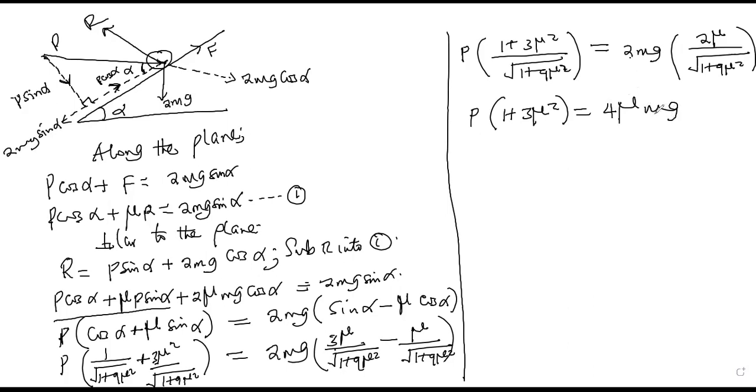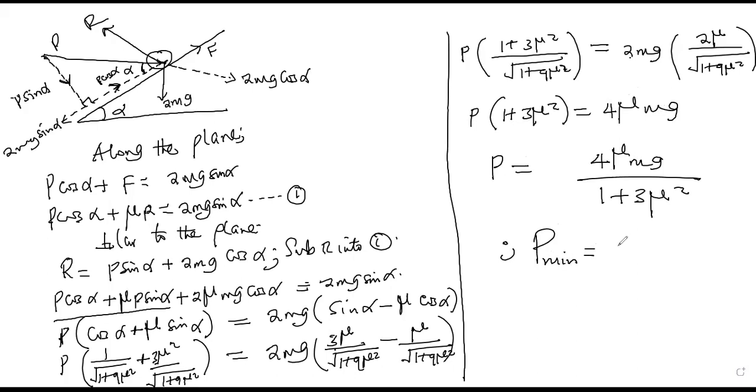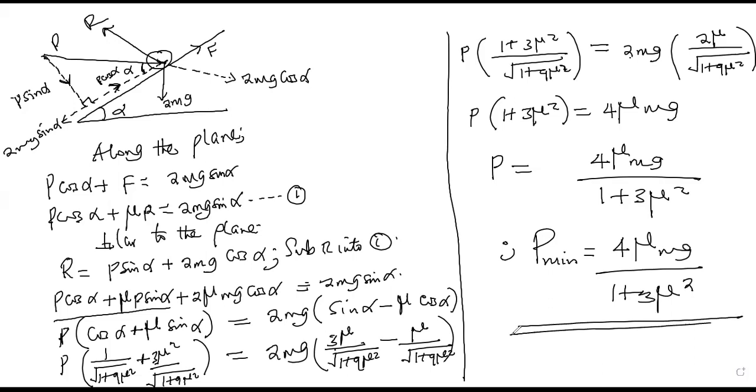But we are interested in P. So our P is going to be 4 mu mg out of 1 plus 3 mu squared, making it P minimum as 4 mu mg out of 1 plus 3 mu squared, as it was required.